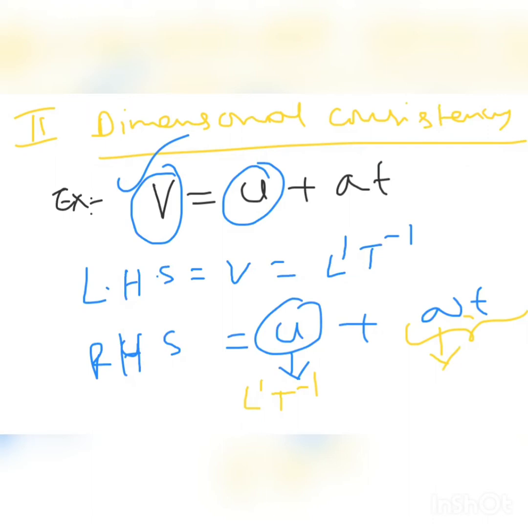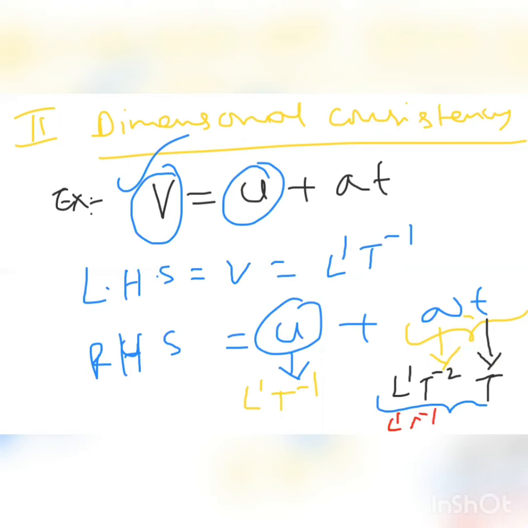A is acceleration, with dimensional formula L1 T power minus 2. And T is time. Combining these two, I can write it as L1 T power minus 1.